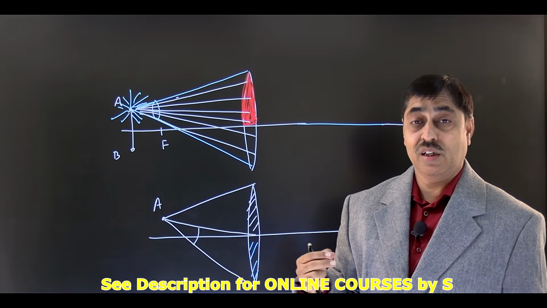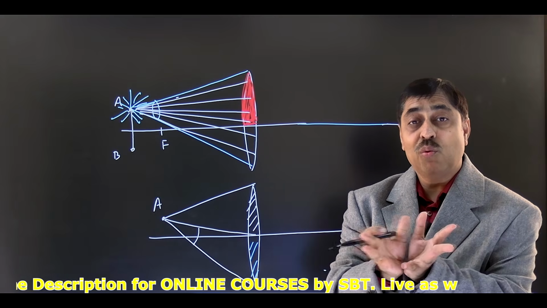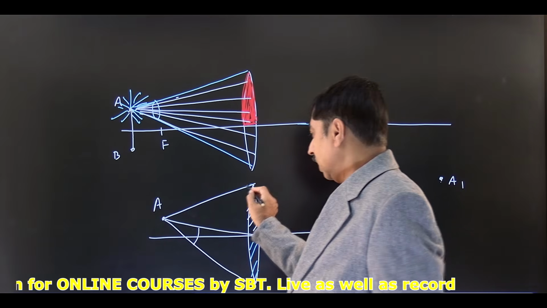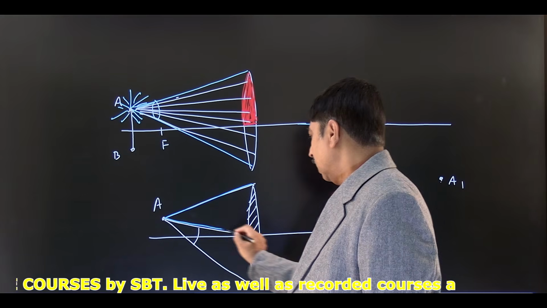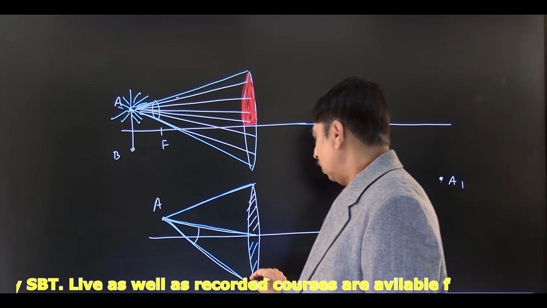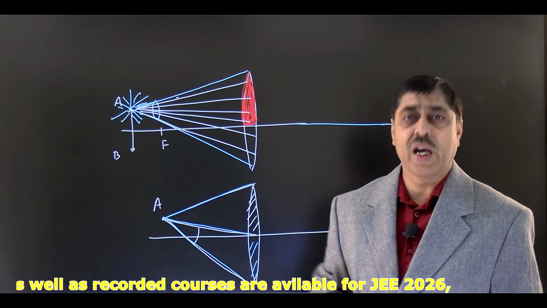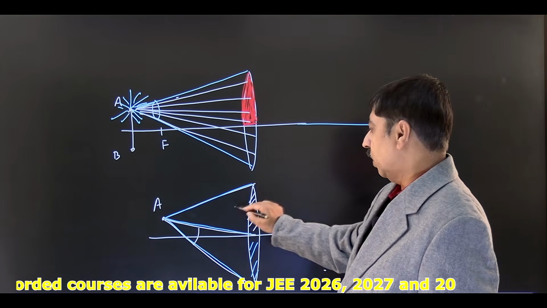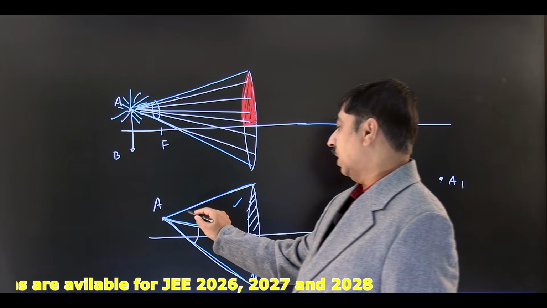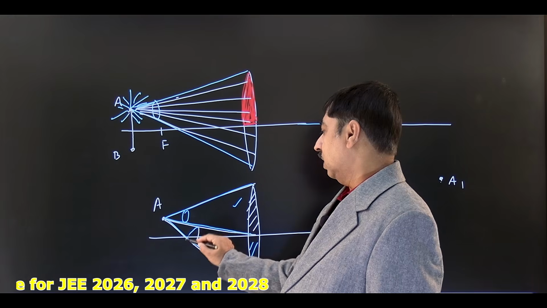Now, just by observation, one can say that if the entire light energy that is incident on the lens starting from point A is divided into two conical parts, let us think of this cone and this cone. Which one is having more light energy? Obviously this one, because this solid angle is higher than this solid angle.